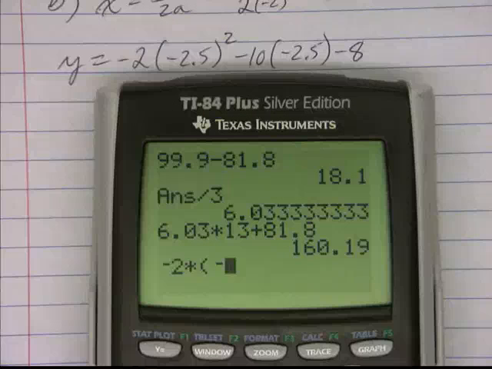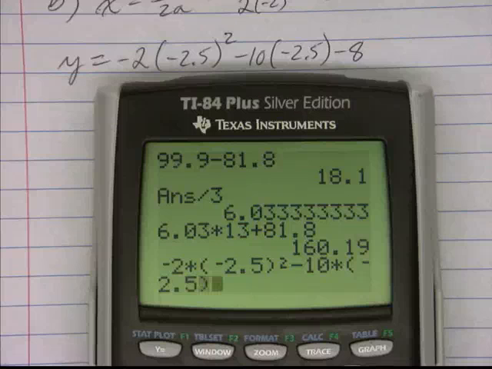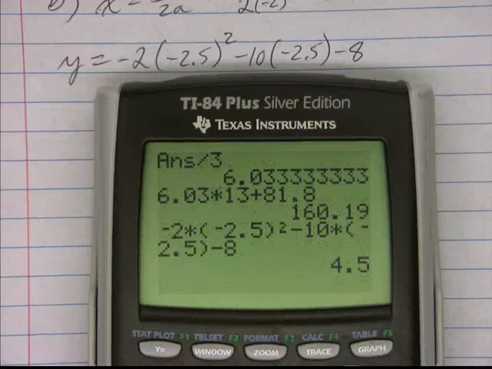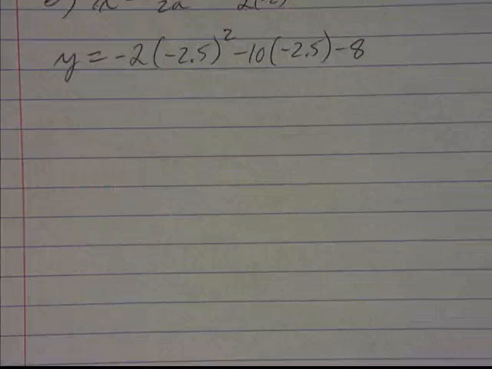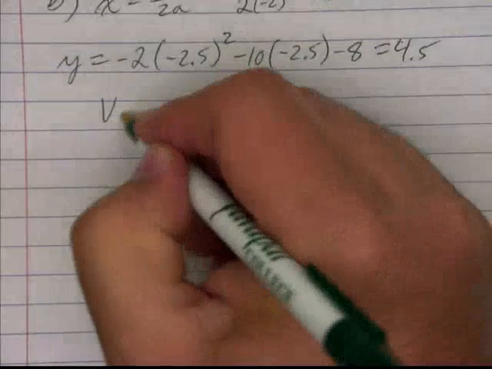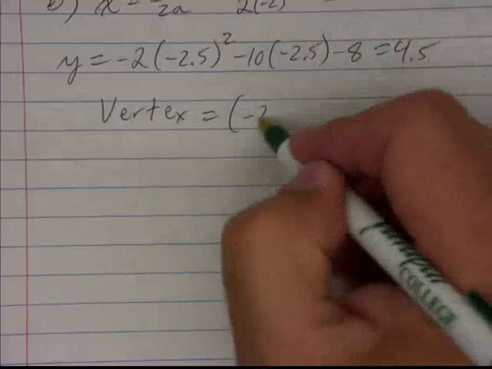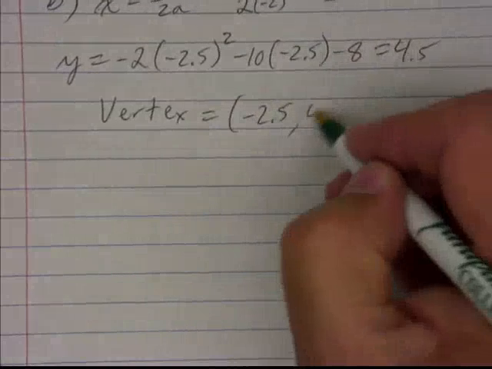Negative 2 times, I'm going to have parentheses around the negative 2.5, and then I'm going to square that. Minus 10 times negative 2.5, and we have minus 8. So my answer is 4.5. So my vertex is going to be negative 2.5, 4.5.